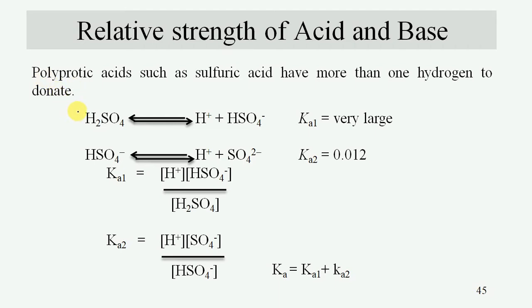In stage 1, one of the hydrogens will get dissociated out, and the dissociation constant Ka1 is very large for this, and it is due to the fact that in aqueous solution, sulfuric acid is completely ionized to give H+ ion and HSO4- ions.